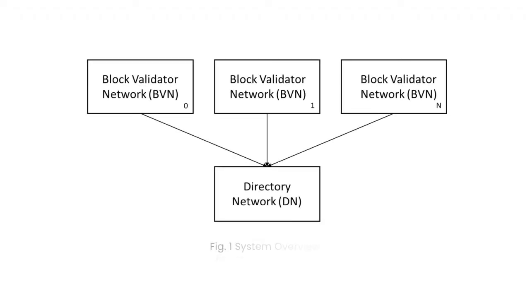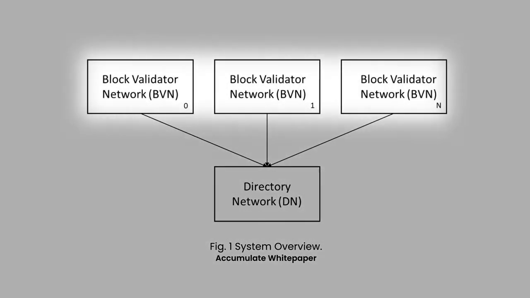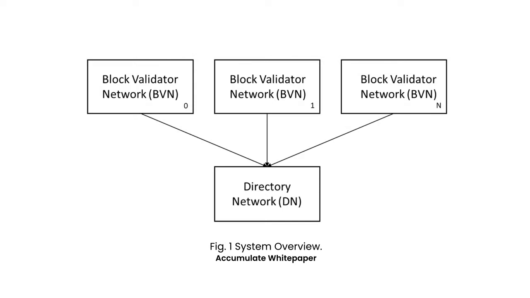If we imagine the Accumulate network as a wheel, the DN would be the hub, right in the middle, and every BVN would be a spoke. This hub and spoke model of communication requires 2 times n number of queries. So going back to our example of 1,000 BVNs, we just reduced 1 million queries to only 2,000.